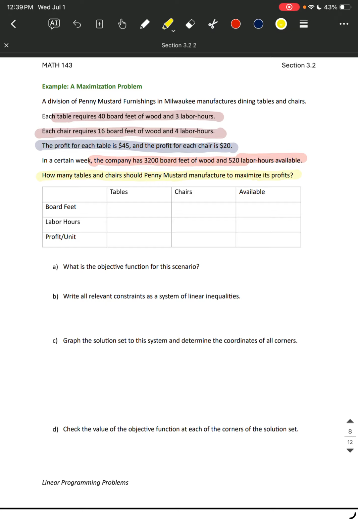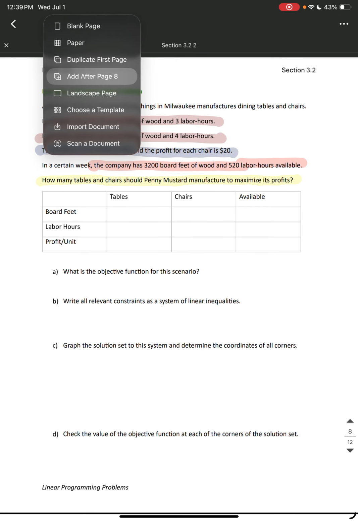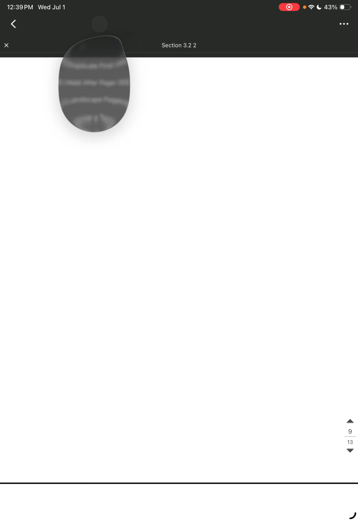Okay, then read the problem slowly and identify the required information. Suppose a furniture company manufactures tables and chairs, right?